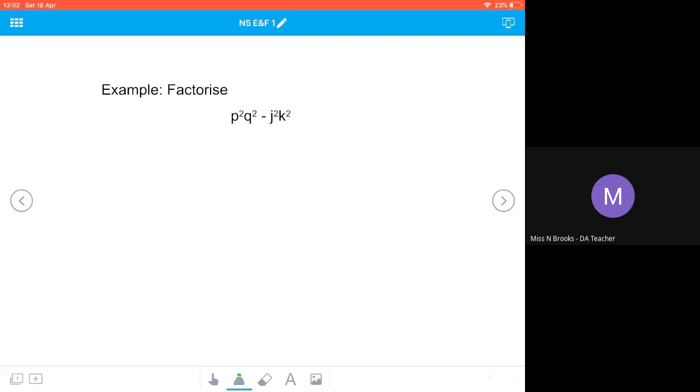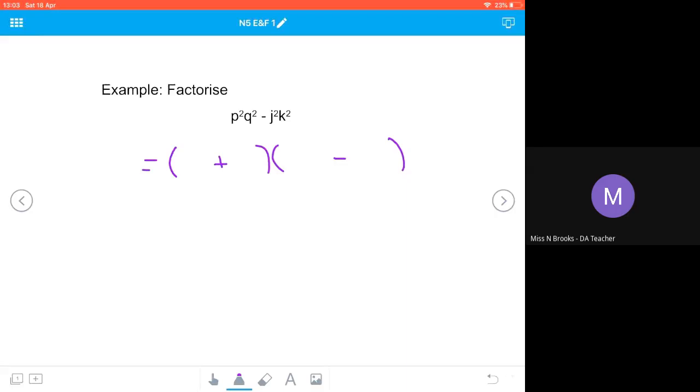It's exactly the same thing if you've got letters, as long as they're positive powers, so this could be p to the power of 4 and q to the power of 4, take away j to the power of 4 and k to the power of 4, as long as you can perfectly square it, then you can end up with a difference of two squares. So we're going to have two brackets. One's positive, one's negative.